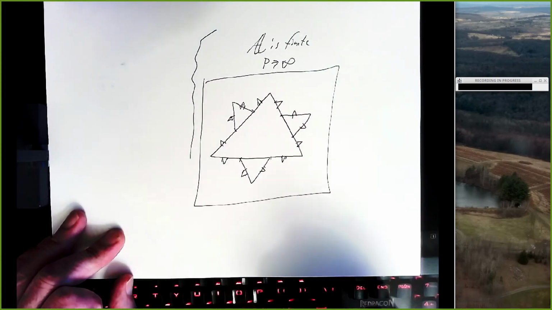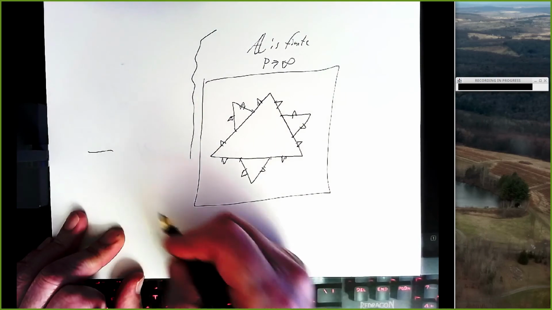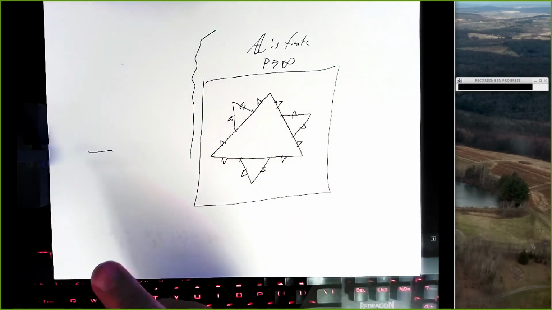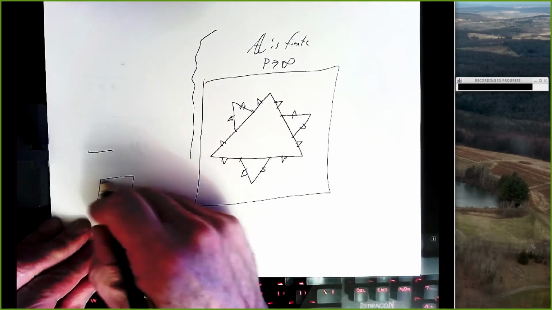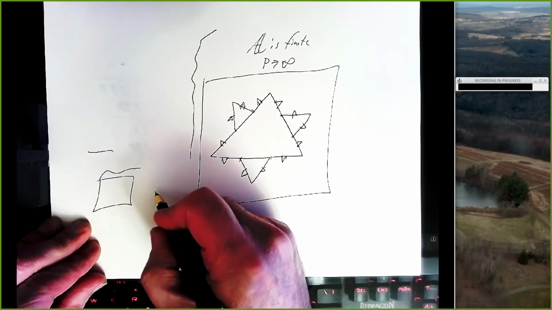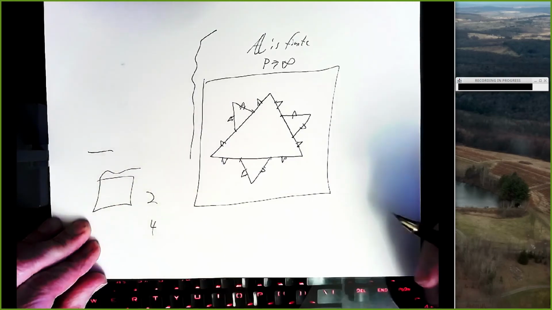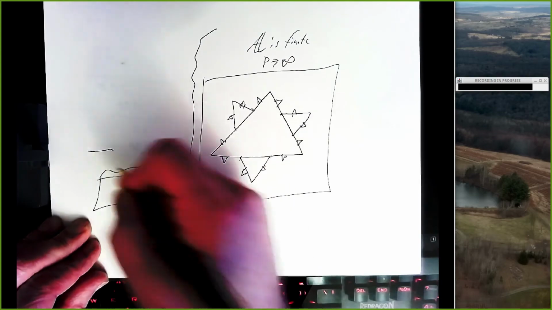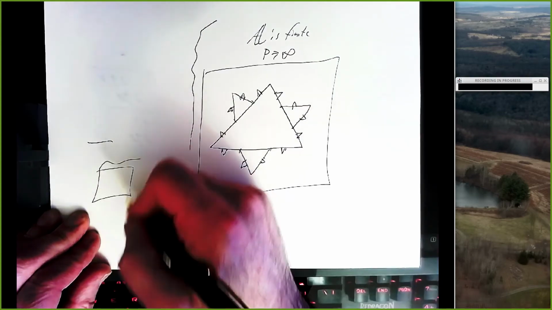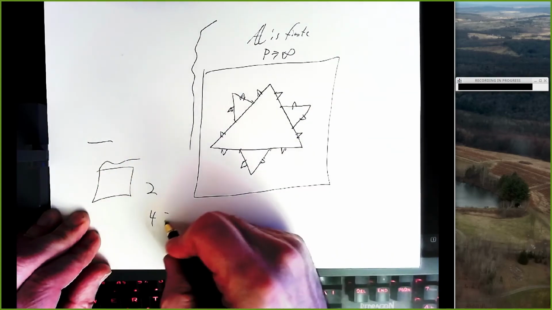And so normally we think of dimension as, here's a line. If we double the length of the line, we double the length of the line. Here's a square. If we double the length of an edge, we quadruple the area, right? Double this, the area goes up by 4, which is 2 squared.